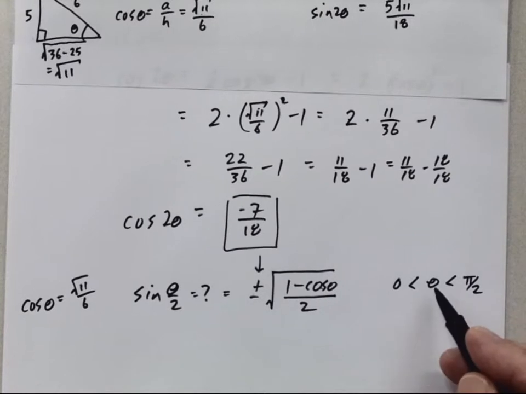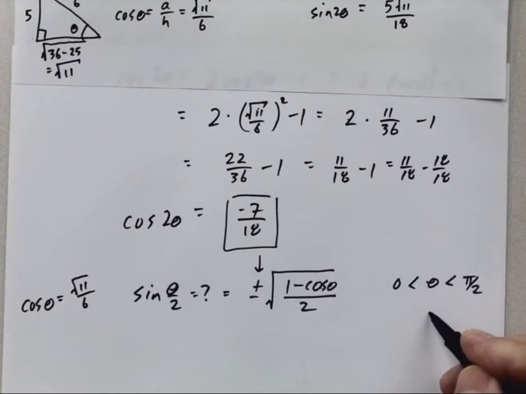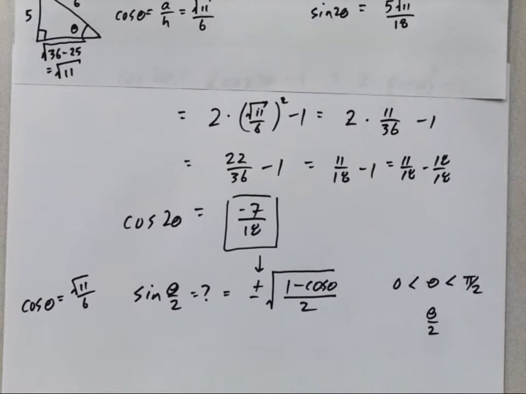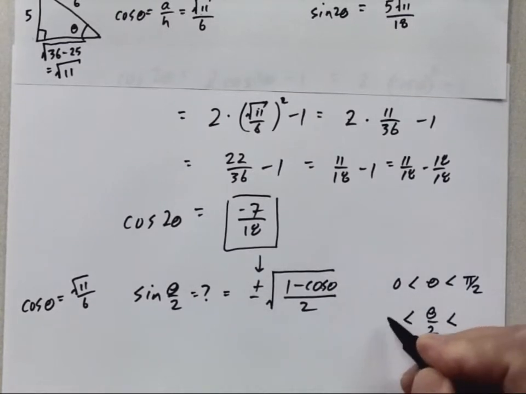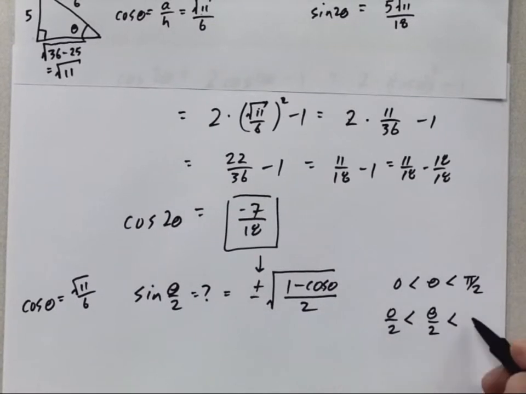So I can divide this theta by 2, but I have to also divide the left side and the right side by 2. In other words, if I want to convert this from theta to theta over 2, I can do it, but I have to do the same thing to all three parts. So basically it means divide this by 2, and the pi over 2 gets divided by 2.